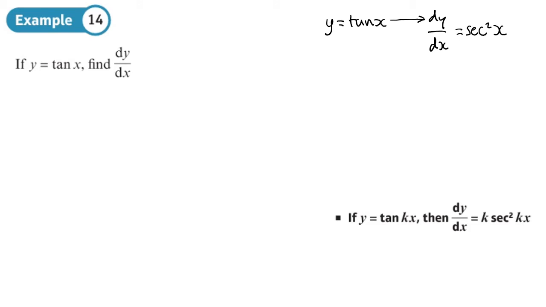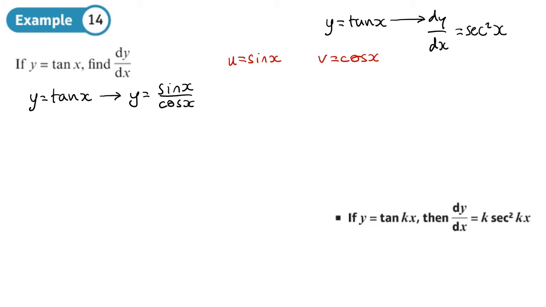So the way to tackle this is to actually write tan x as sine x over cos x, then use the quotient rule to differentiate this. So u is sine x, v is cos x, so that means that du dx is cos x and dv dx is going to be minus sine x.